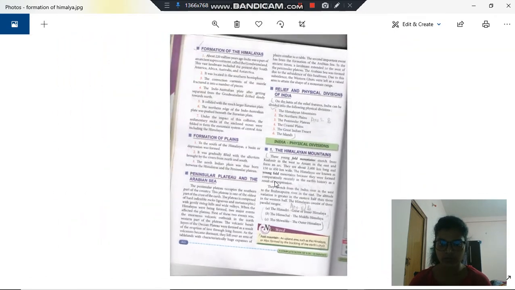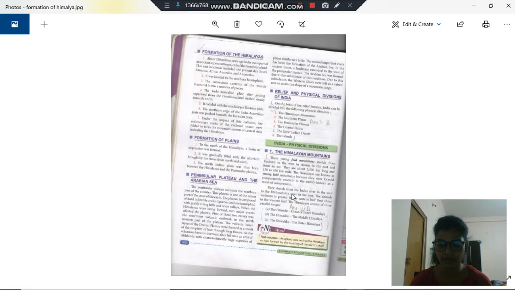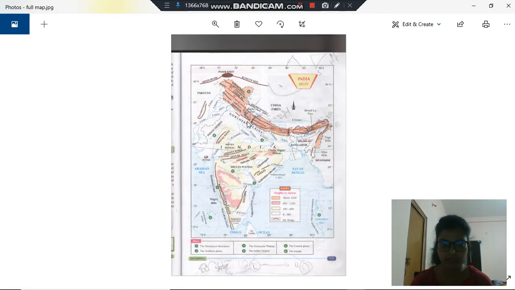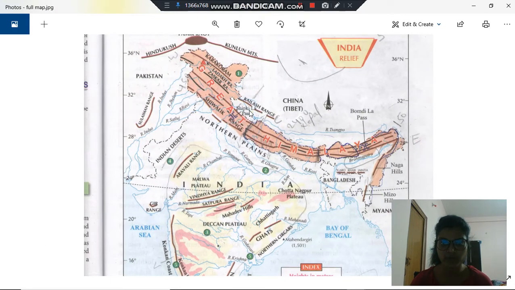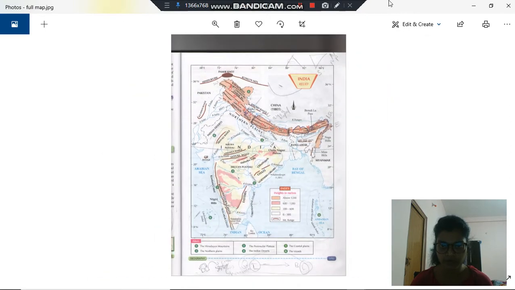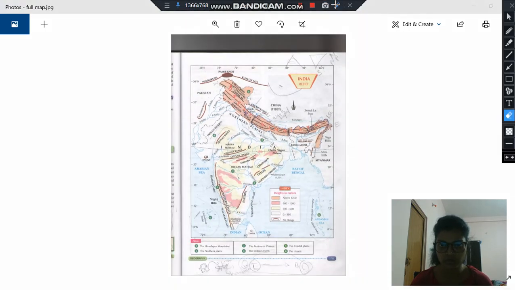So let us see the map. Okay, this is the map. Before telling you about the map, let me show you how to measure direction in a map.